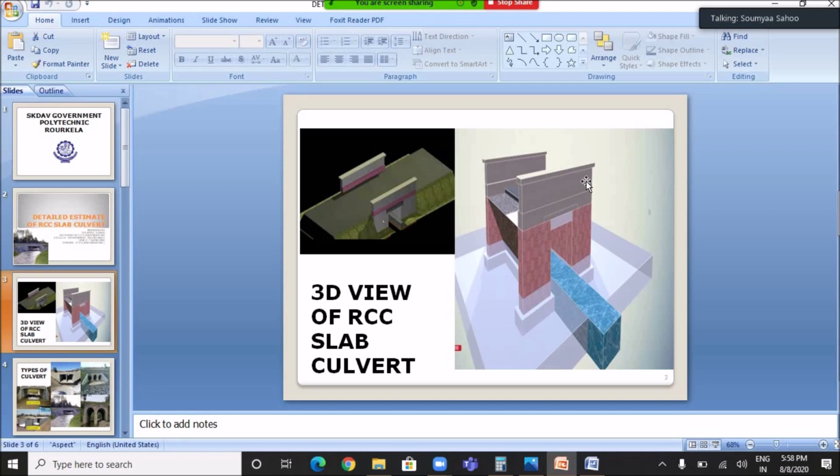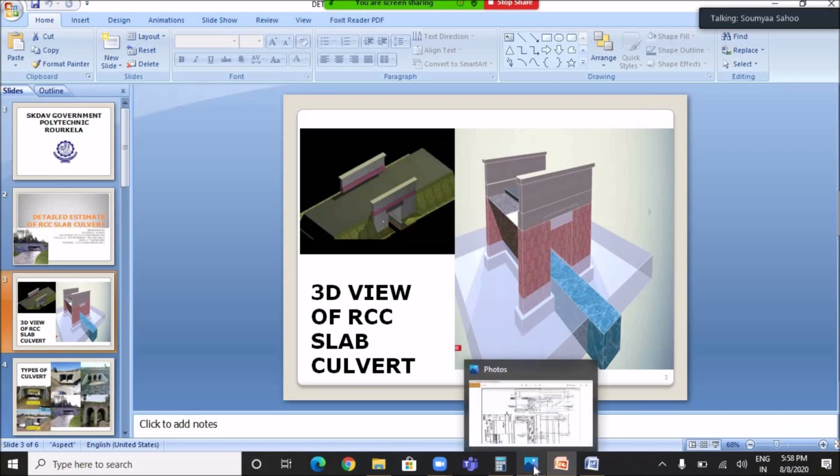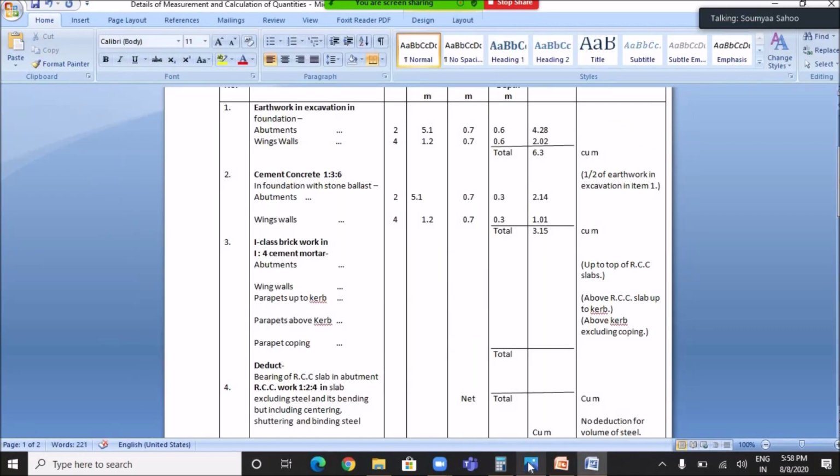Okay, so the brickwork is to be done in the abutment and in the wing wall and in the parapet and in the coping of parapet. So we have to calculate the quantities of first class brickwork. Okay, so let's see the figure.